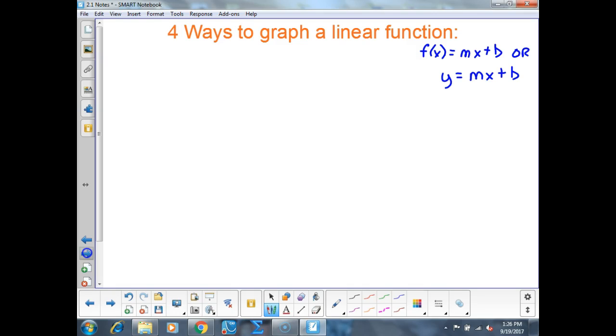What's one way to graph a linear function? By plotting points? Okay. So, which points would you be plotting?